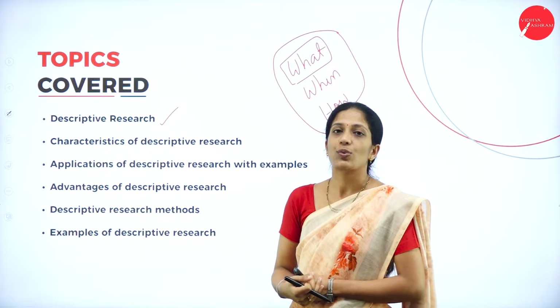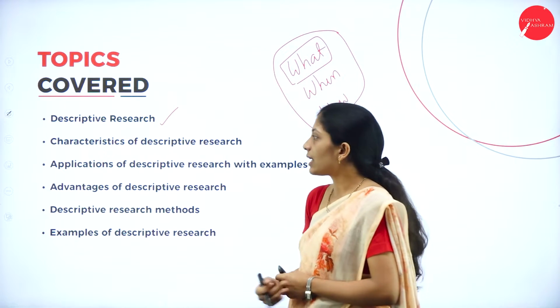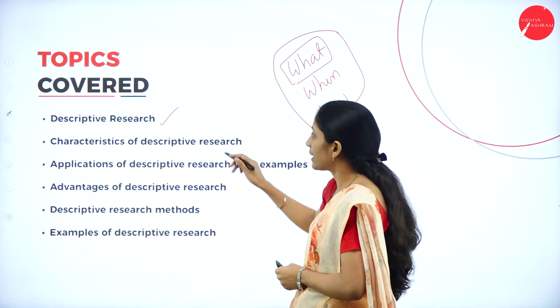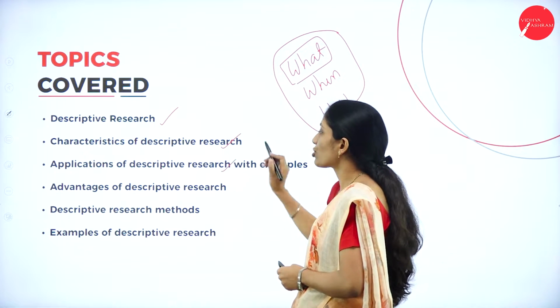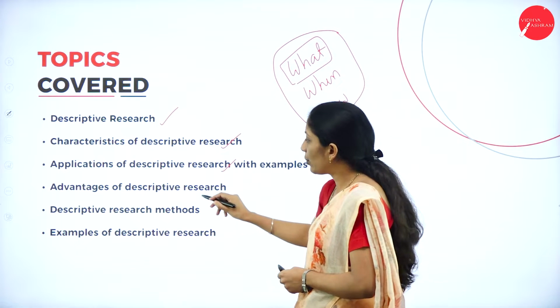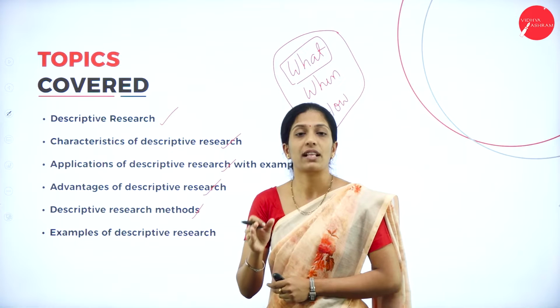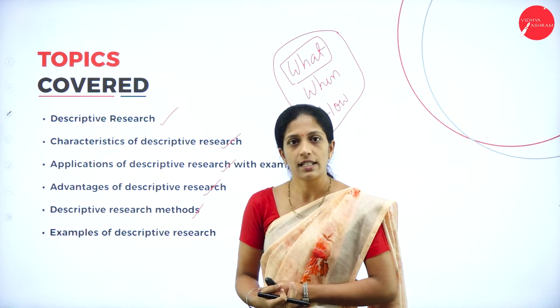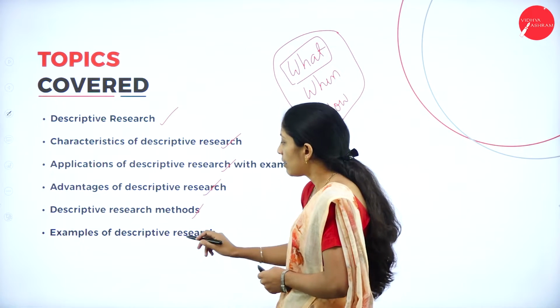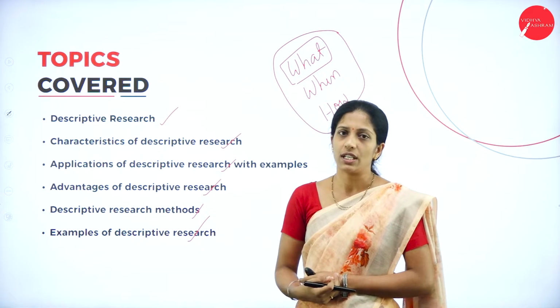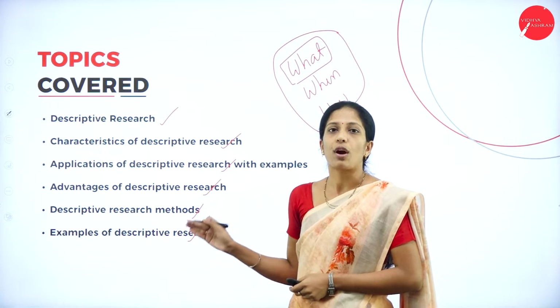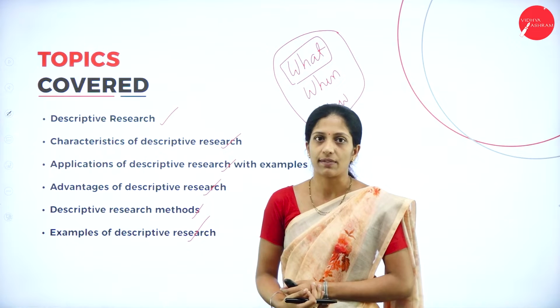That is known as descriptive research. Under that we learned a few topics like characteristics, applications of descriptive research, advantages, and descriptive research methods, that is, which are the best methods that can be used under descriptive research, then examples of descriptive research. These are the topics we discussed in our previous session.